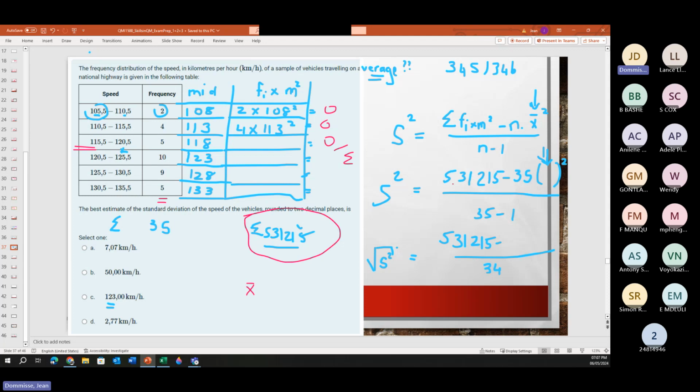So I think it's still important that you know how to do it, because they can just make the table smaller so that you still need to do it. They will not give you 6, 7, or 8 ranges and then you need to work it out.